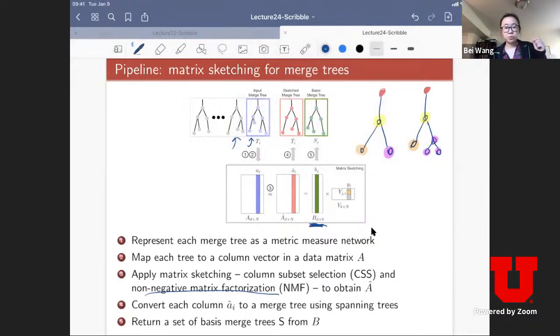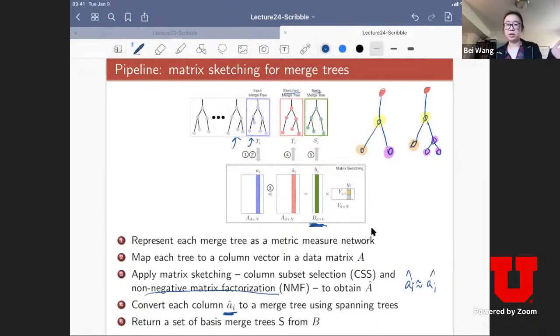Now what we need to do is to take each approximated column of A hat. We know that A_i is approximated by A_i hat. For every A_i hat, I want to convert it back to a tree. That's what's called a sketched tree. For every column in matrix B, I'm going to convert it back to a tree, and that's what we call a basis tree. So that is step 4 and step 5.